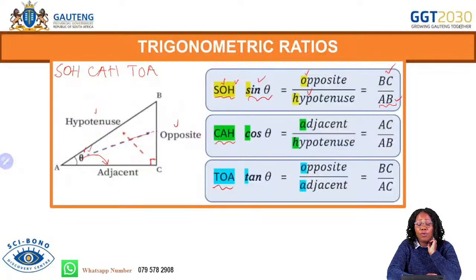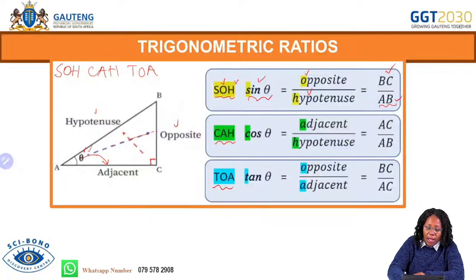Right, and then when you look at the cos, the same, SOHCAH, we are now using CAH. With the cos, with the CAH, C stands for cos theta, or a reference angle that we are referring to. And the A here is for adjacent over H for the hypotenuse side. Adjacent over hypotenuse.